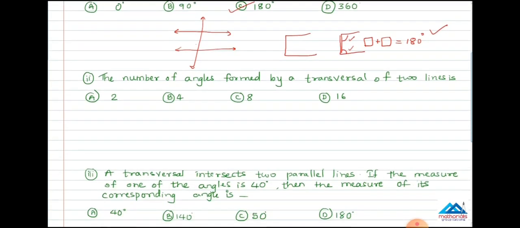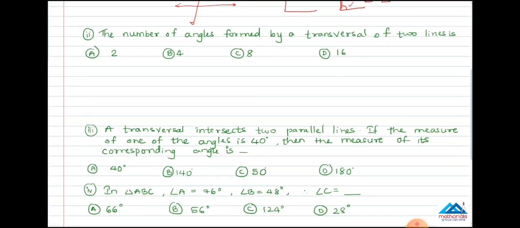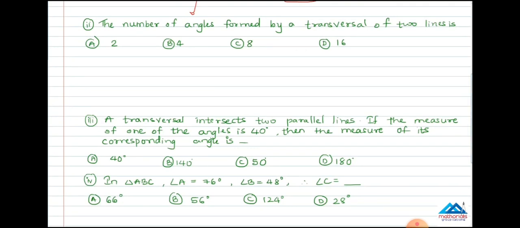Come to the second question. The number of angles formed by a transversal of two lines is dash. Suppose we have one transversal and two lines. This transversal intersects these two lines. If you observe the upper part of the figure, we get four angles on the upper side: this one, this is 2, this is 3 and this one is 4th.